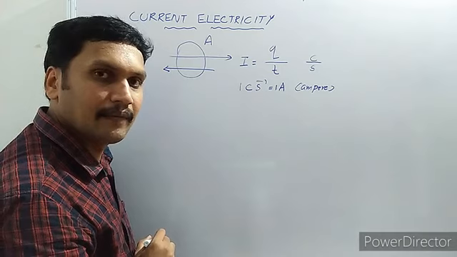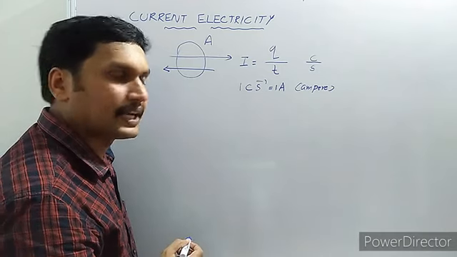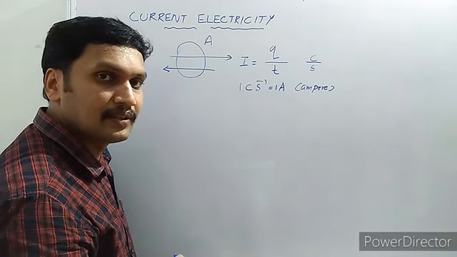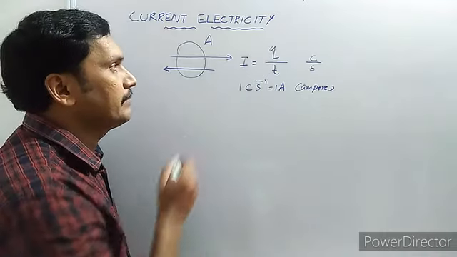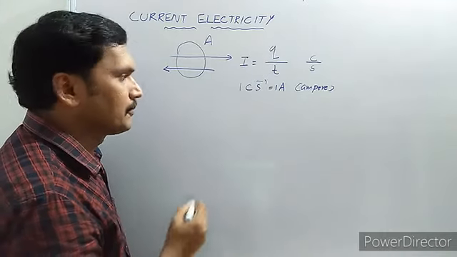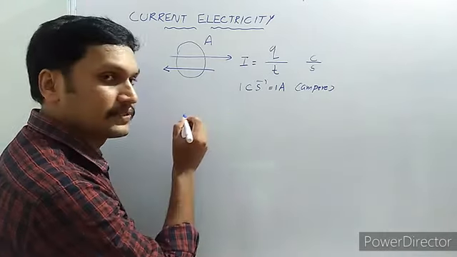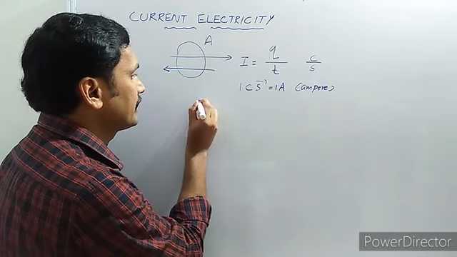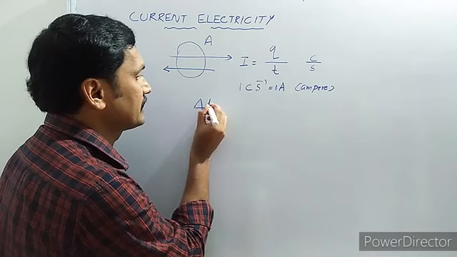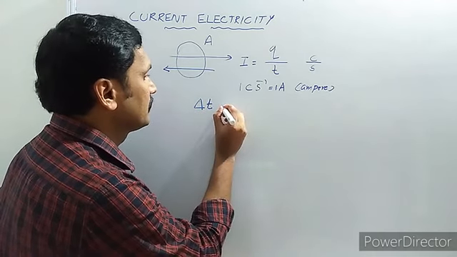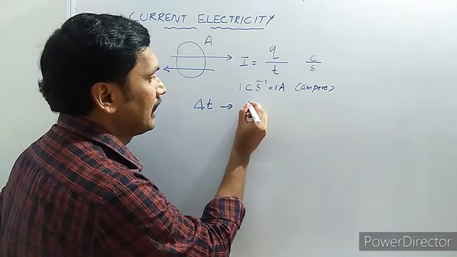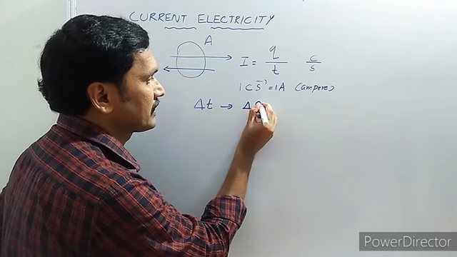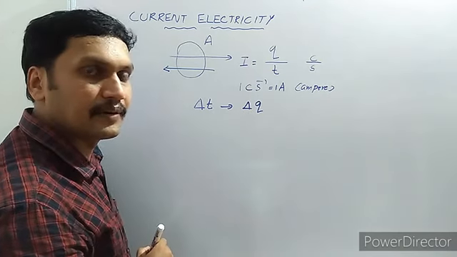But sometimes the current may not be steady. So we write the same expression in this way: suppose we take a very small time interval delta t, and in that time a charge delta q flows through that area normally.